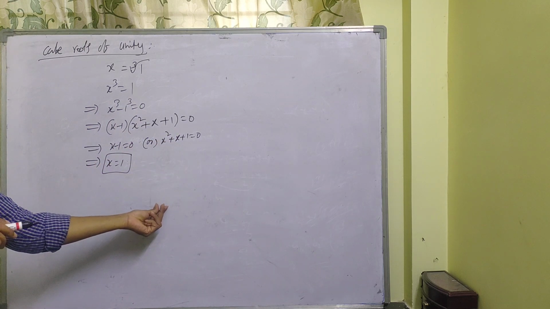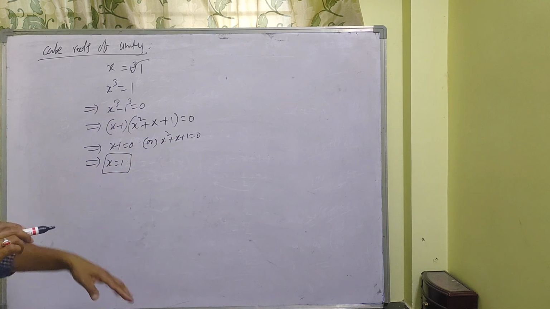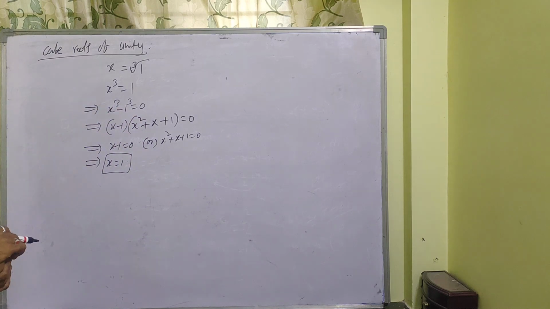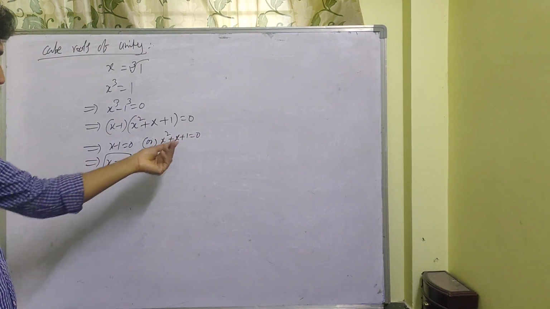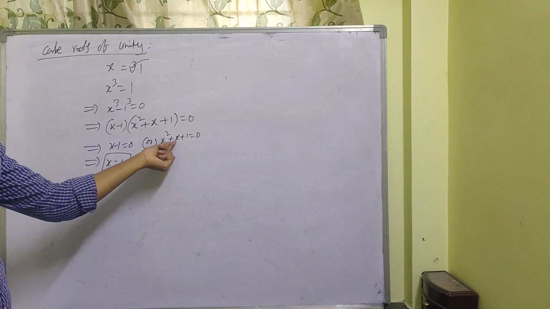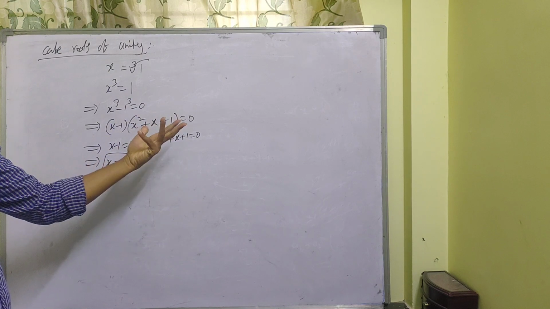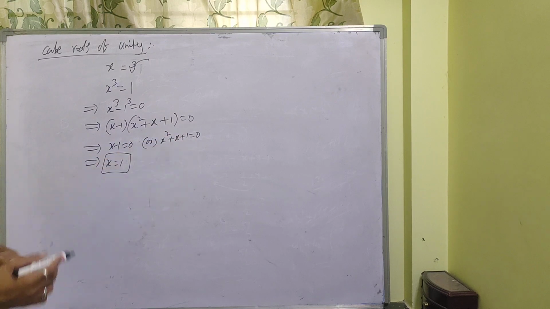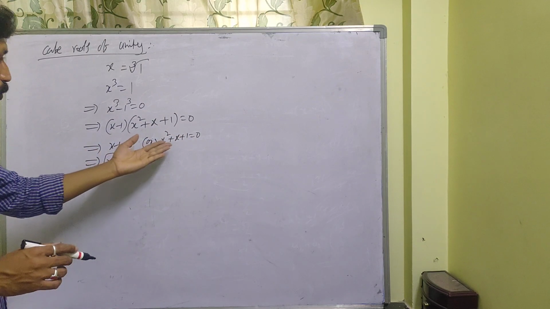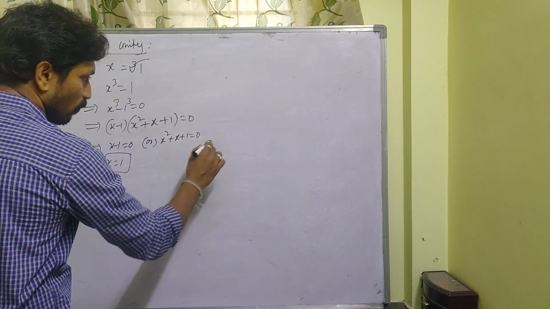And if you simplify the other factor, what values do you get? Those are nothing but the other roots of x cube minus 1. Those roots are called the cube roots of unity. Once you simplify, 1 into 1 is 1, and that cannot be factored by adding or subtracting, so we cannot directly find the roots. So we use the formula.